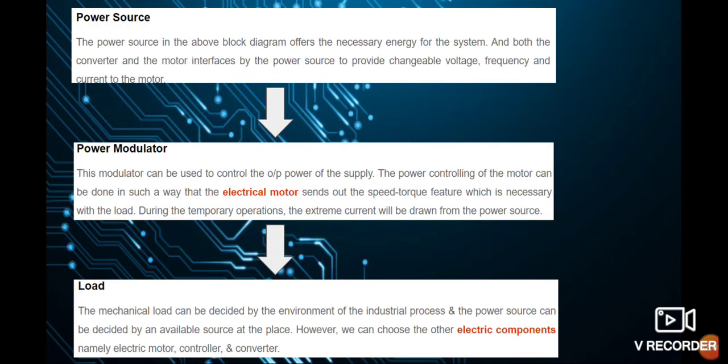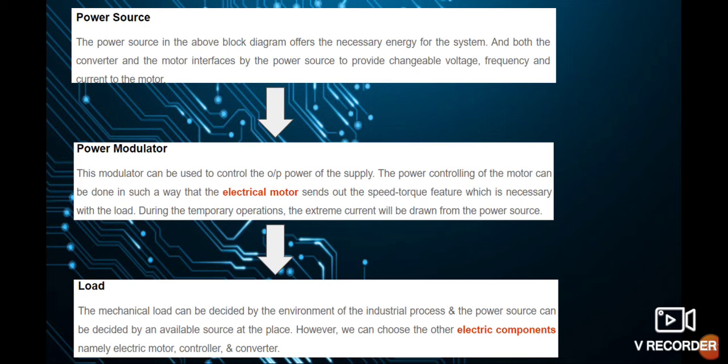So the power source. The power source in the above block diagram basically offers the necessary energy that is required for the system to run, and it interfaces with both the converter and the motor to provide the changeable voltage, frequency, and current to the motor.